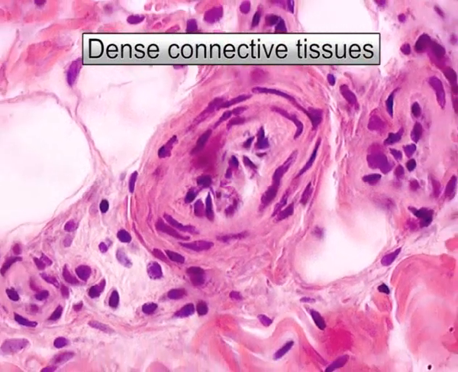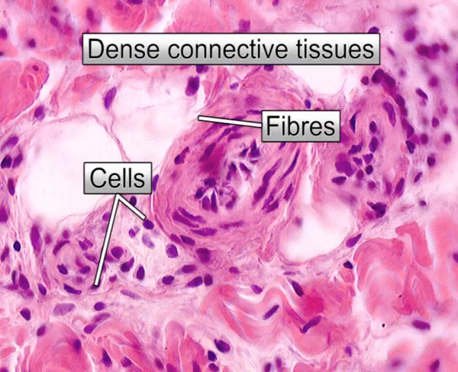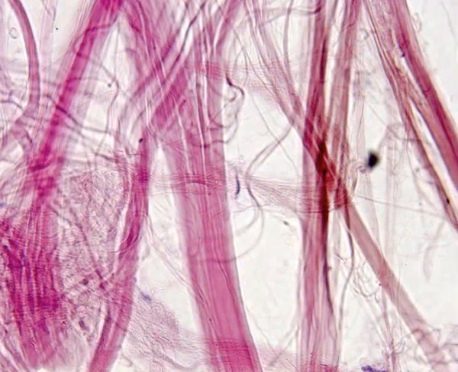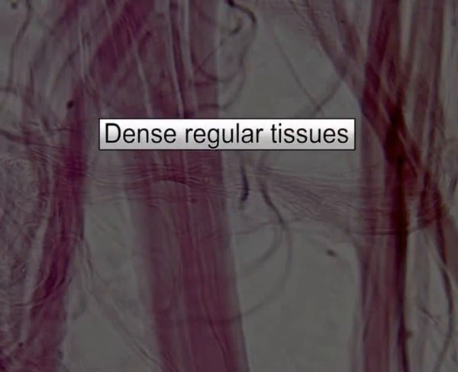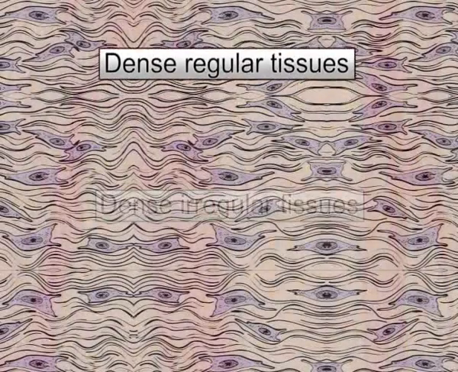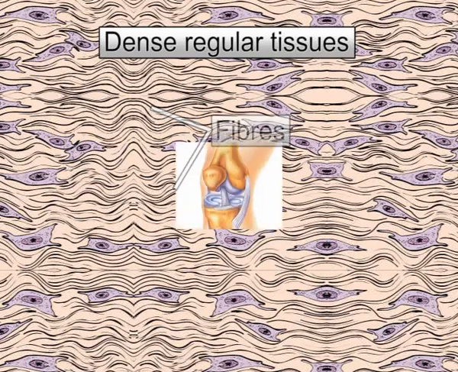Dense connective tissues have cells and fibers compactly packed. Dense connective tissues are of 2 types: dense regular tissues and dense irregular tissues. In dense regular connective tissues, the orientation of fibers shows a regular pattern.